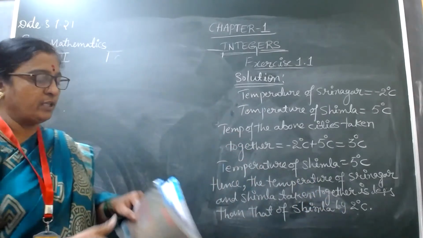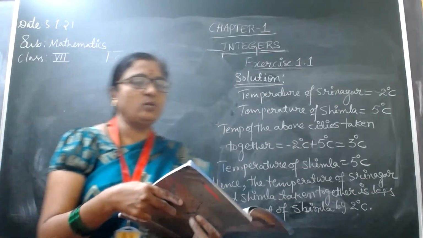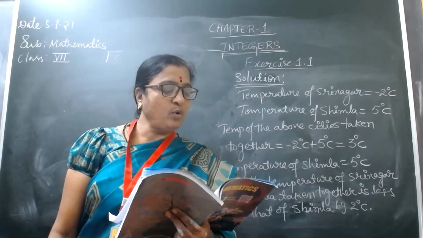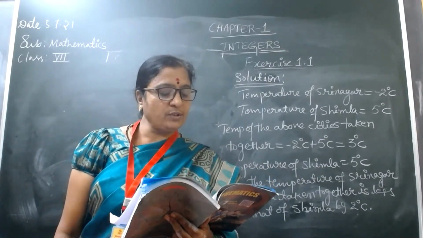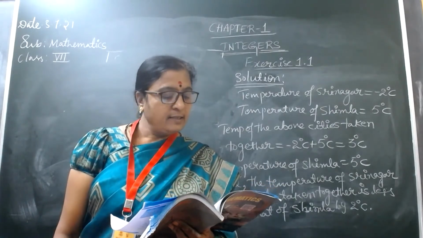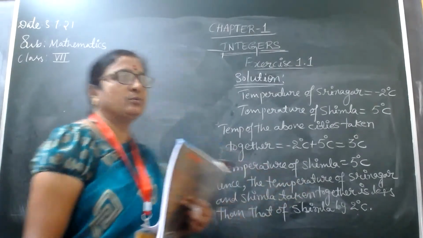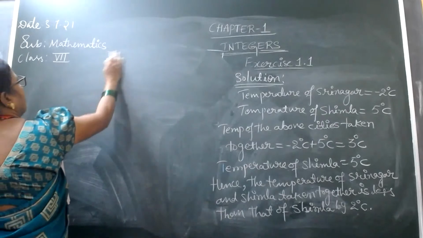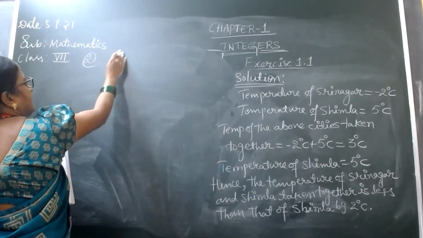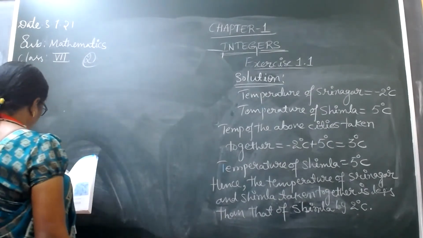Now question number 2. Question 1 is very lengthy for students, because 4 sub questions are there. We need more time for that. Now question number 2 in exercise 1.1.